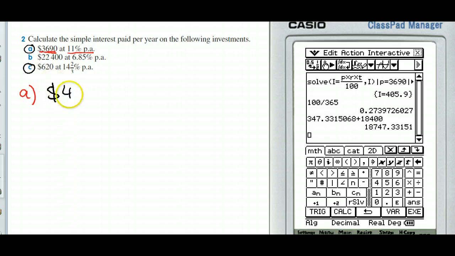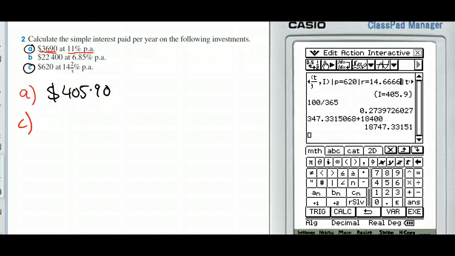So $405.90 for A, and for C, we're going to change it to 620 as the principal amount, and for the rate of interest, it's going to be 14 2/3, which is 14.66.